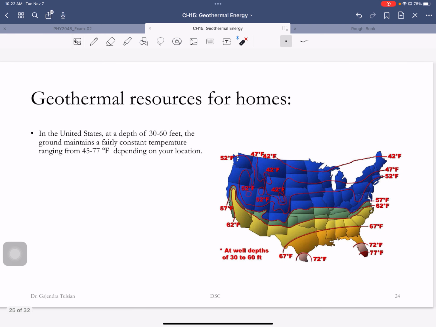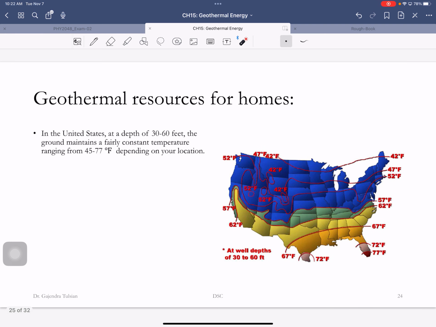Is there a reason that most houses don't have it? Well, 72 is a good temperature in the summer and the winter. Is there a reason we don't use geothermal more here? I don't know all the reasons. You hit water pretty soon in Florida, at least if you're close to the beach.